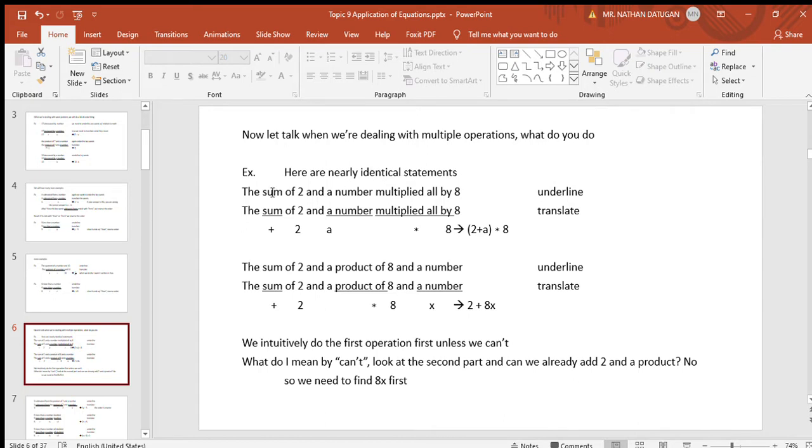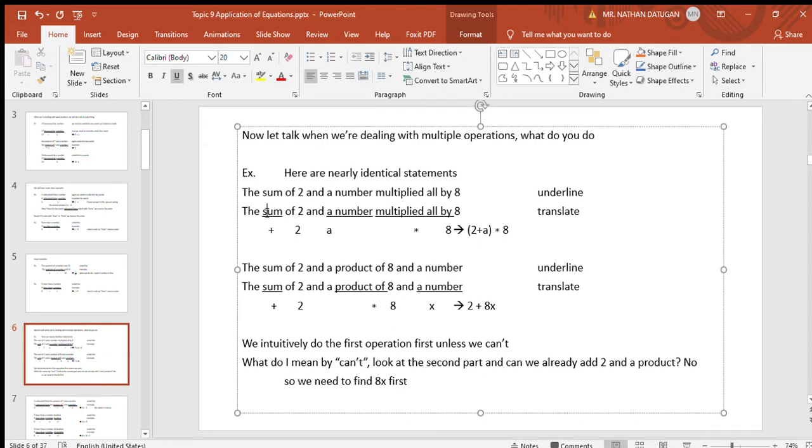If we underline the keywords here, we have sum, the sum of, a number, multiplied all by, and in this case sum of, a product of, and a number. So we have a plus, a variable, and multiplication. We have a plus, a multiplication, and a variable.